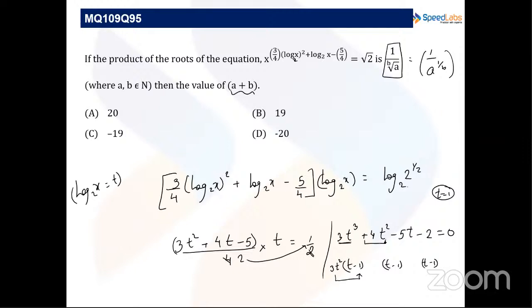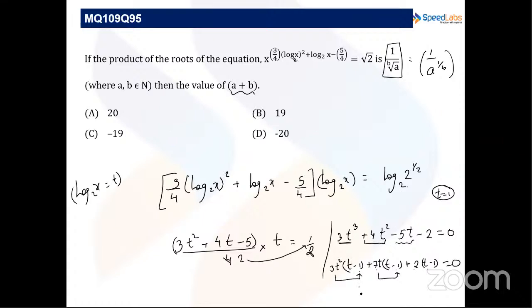But what we have here is plus 4t square. So for this minus 3t square we should have 7t here. So minus 3t square plus 7t square will give us 4t square. Now we are having 7t into minus 1, that is minus 7t, but we need minus 5t, so we need plus 2t one time more. So we'll be getting plus 2t and minus 2, so this is satisfied.